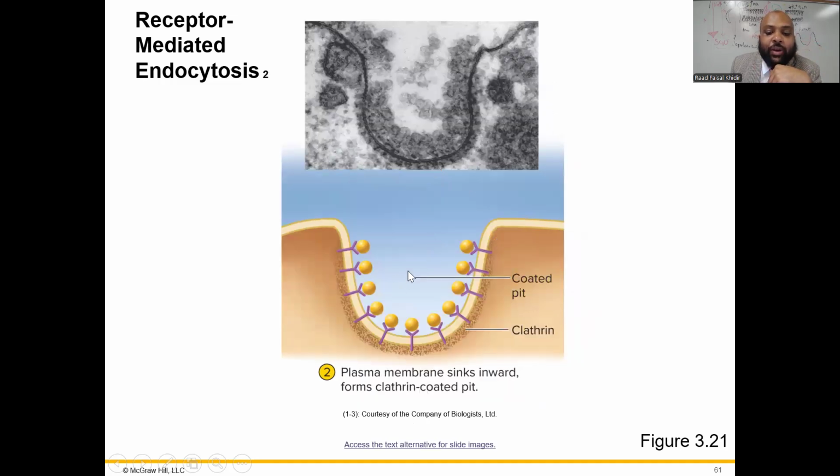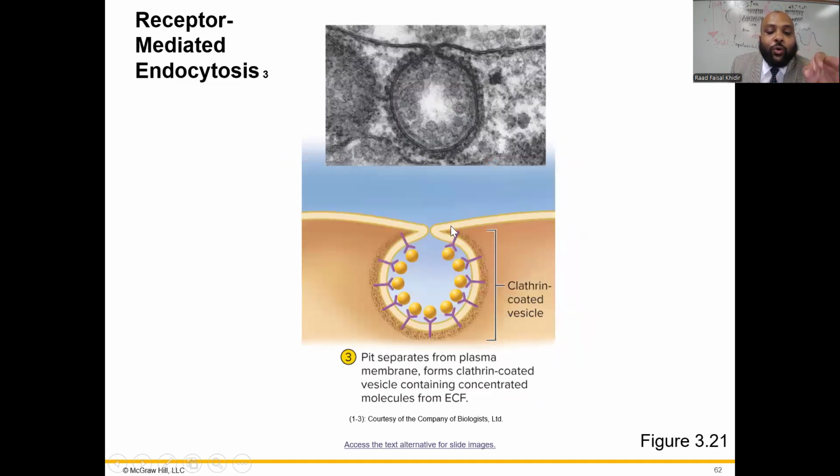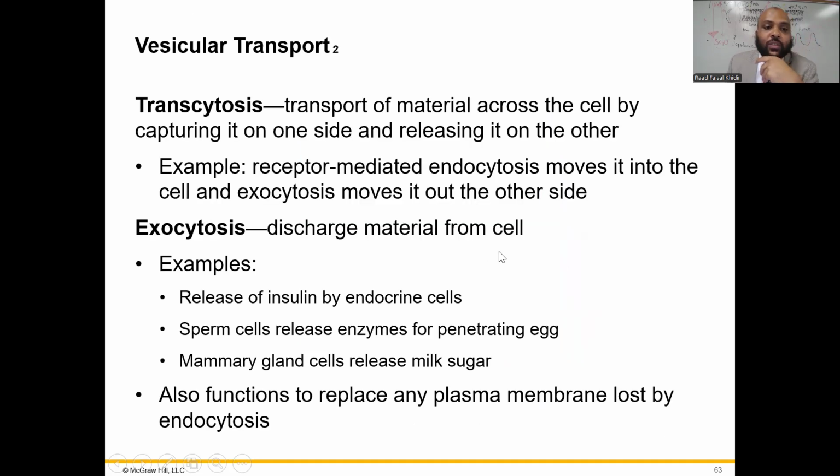Then the plasma membrane sinks inward and forms a clathrin-coated pit. That clathrin-coated pit would close and pinch off. So the pit separates from the plasma membrane and forms a clathrin-coated vesicle containing concentrated molecules from extracellular fluid.